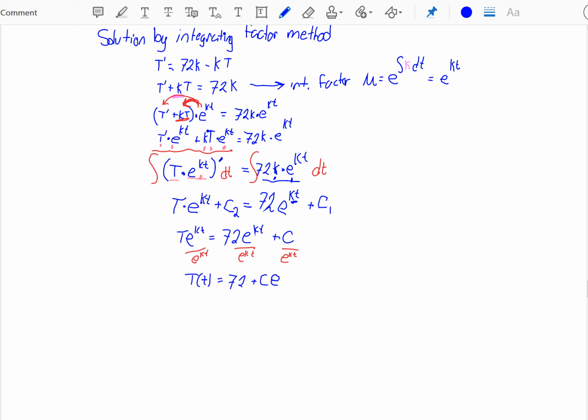So I'm going to write C e to the negative kt. This is the general solution to this problem.